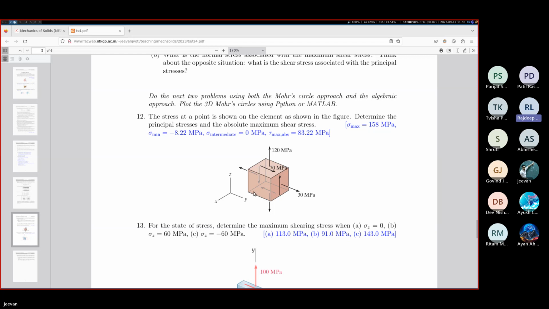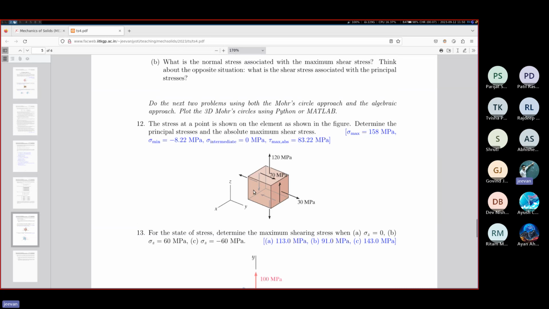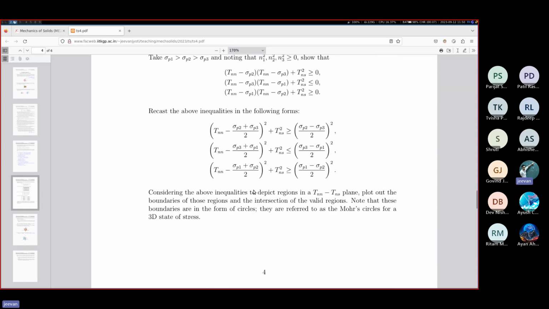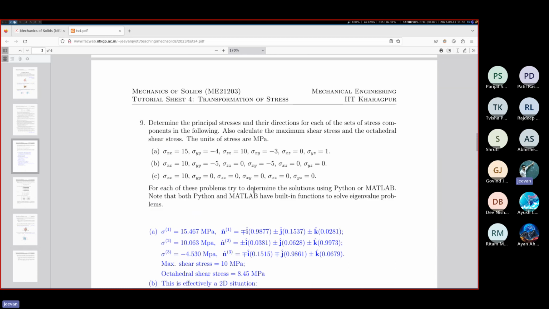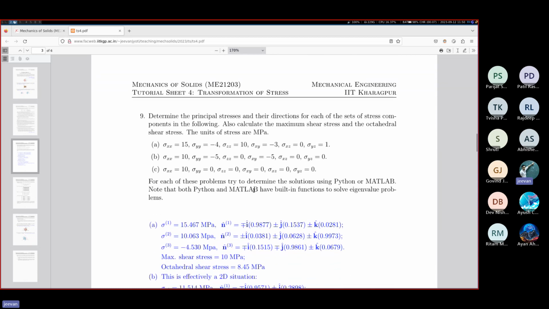So what if the shearing stress components are not 0? Suppose there is a tau xz and a tau xy. Then you have to do a full 3D eigenvalue solution. These are the kinds of problems where you do not have the shear stresses all 0.